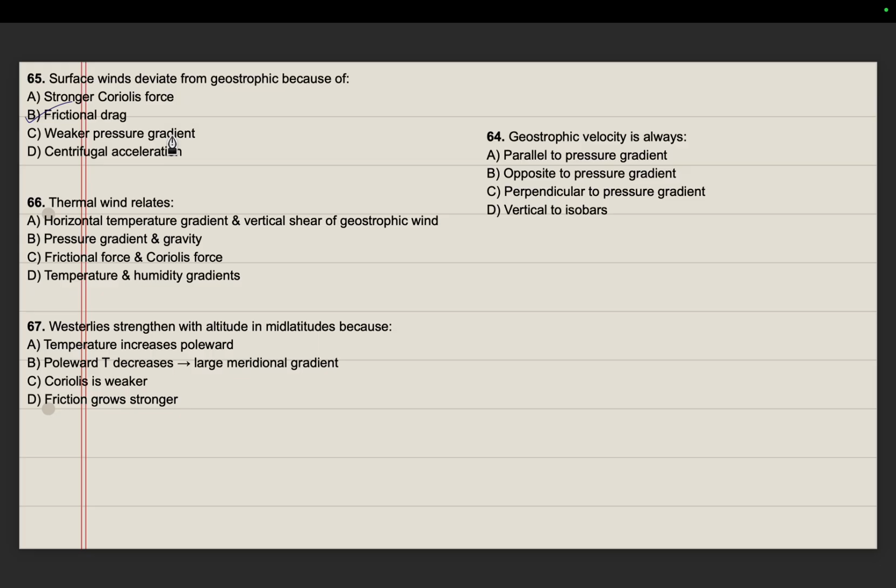Question 66. Thermal wind relates: horizontal temperature gradient and the vertical shear of geostrophic wind, pressure gradient and gravity, frictional force and the Coriolis force, or temperature and humidity gradient.